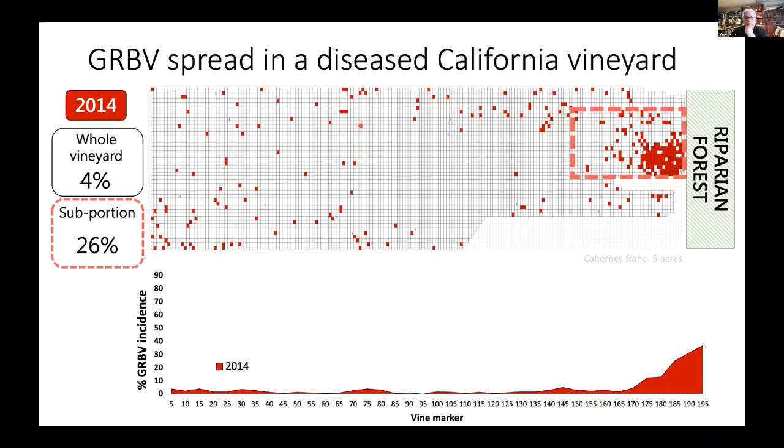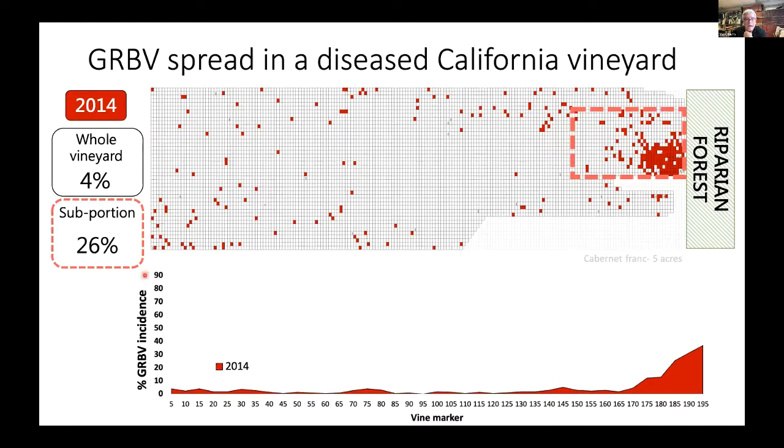And this is, every cell on the top graph represents the Cab Franc vineyard, the 5-acre one. Every cell is a vine. A red cell is a diseased vine. A blank cell is a vine that does not show disease symptoms. And around the aggregated area here, I have arbitrarily delineated that square or rectangle to see how disease is evolving over time.